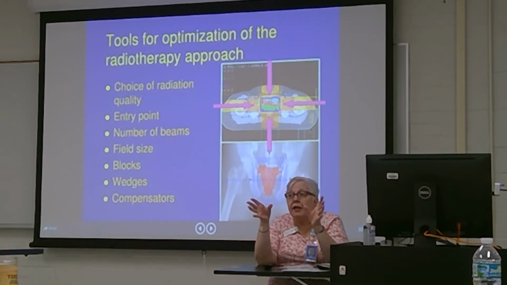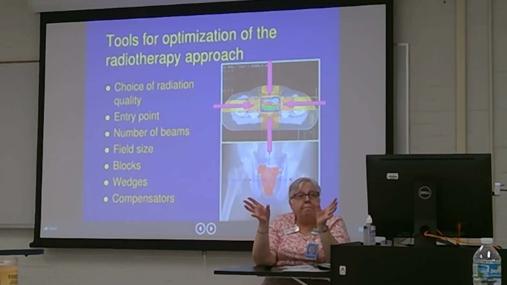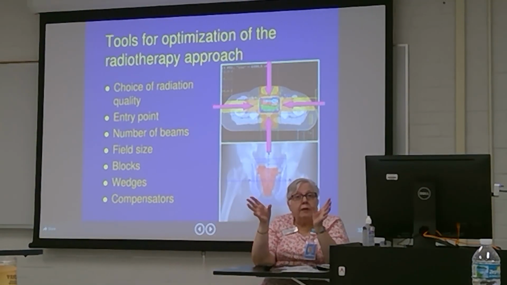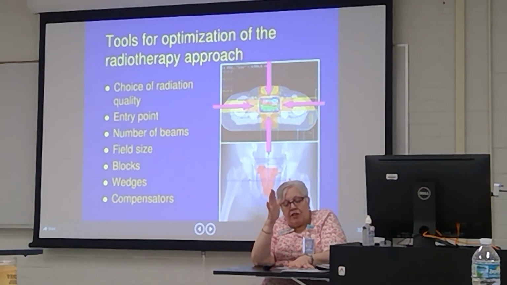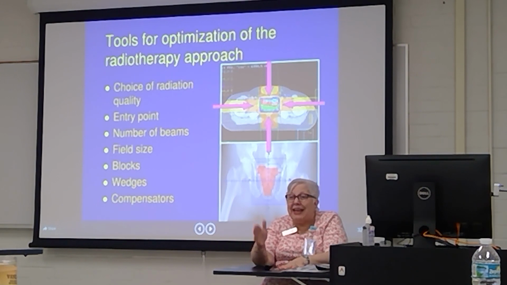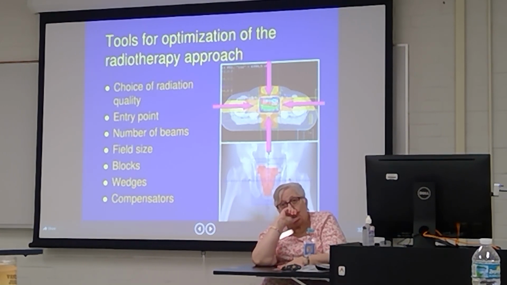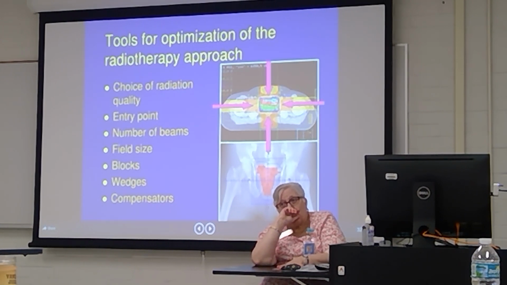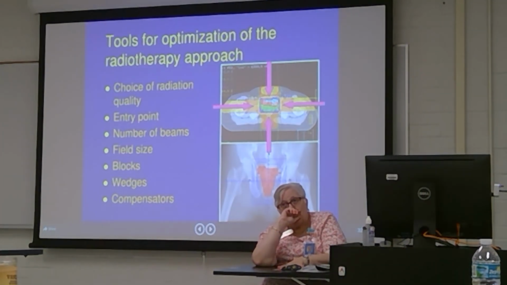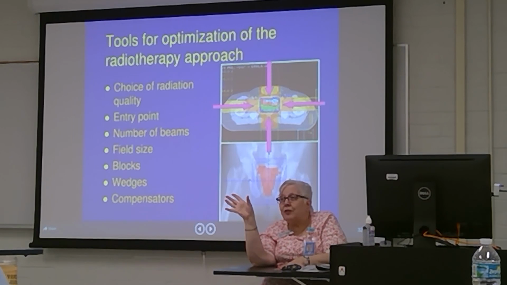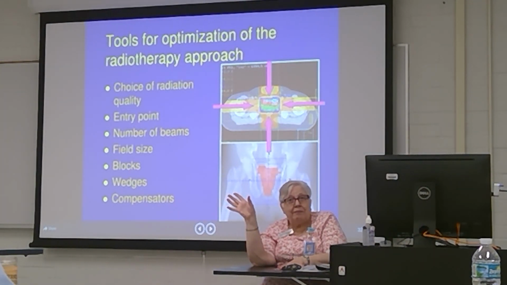You're doing a 3-point setup, am I right? Okay. So the question stands, how do you set up the AP? How many times have you set up your patient? Lots of times, right?